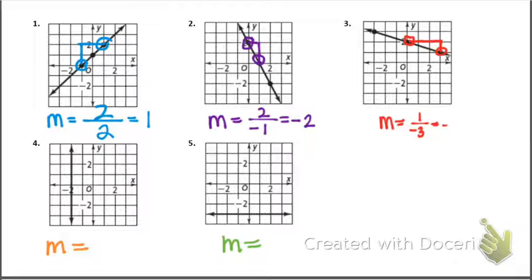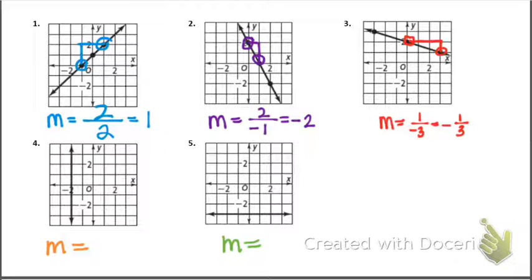I like to rewrite it with the negative on the outside because that's just typical of what we do. So the slope is actually negative 1/3. Okay. So if you didn't rewrite it right now, that's okay, but do rewrite it at this time because typically in math, when we have a fraction with a negative, we rewrite the negative on the outside. Okay, thumbs up. You got this one right.